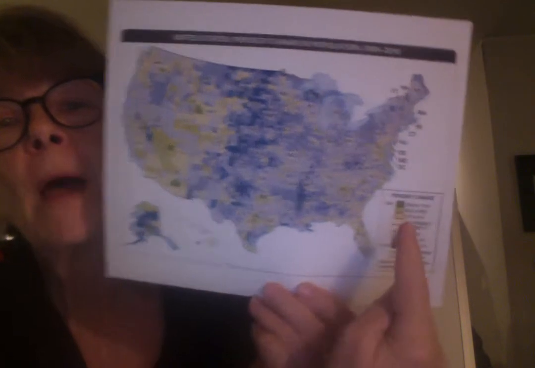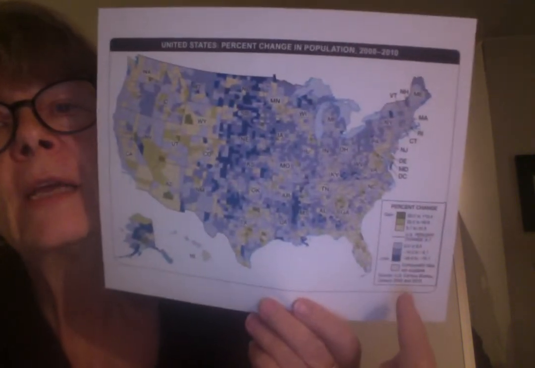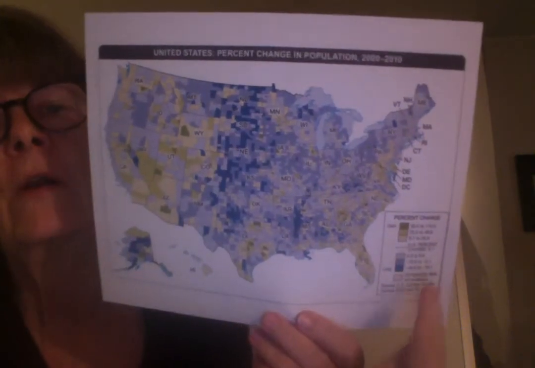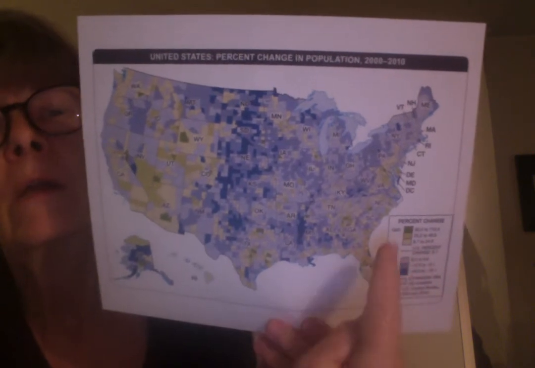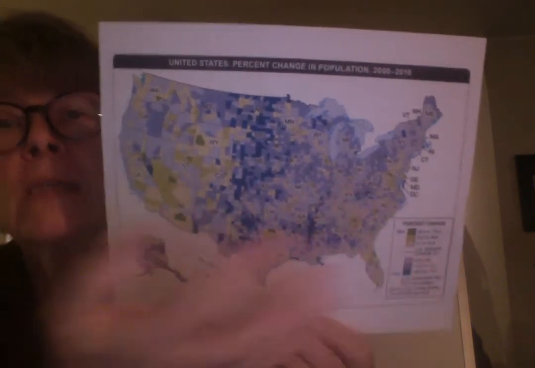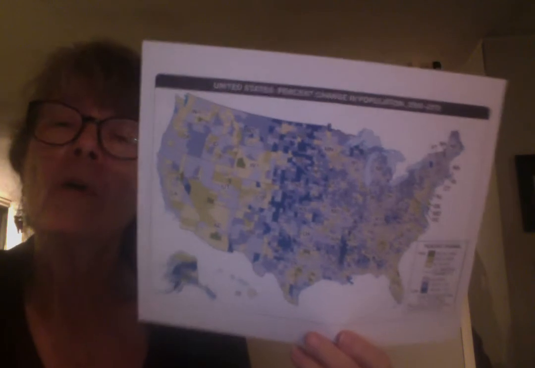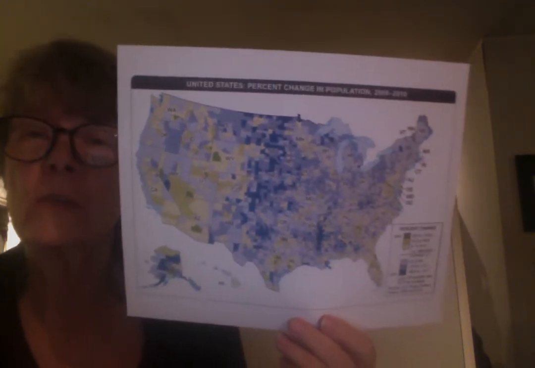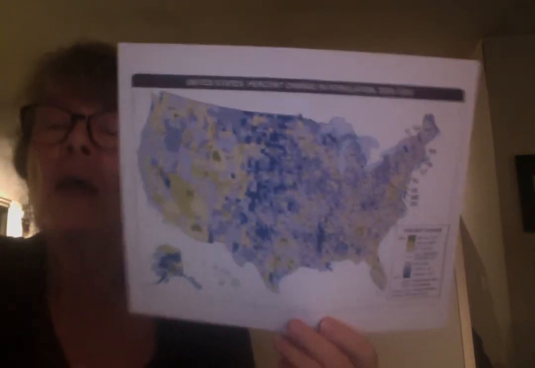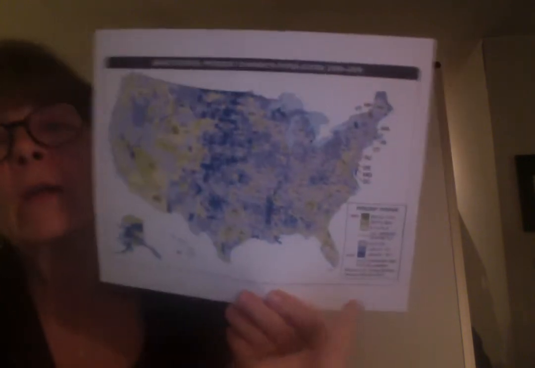Okay, so on this map, very important, the map key over here: the green on the map means the population went up. From 2000 to 2010, the number of people living in an area went up.